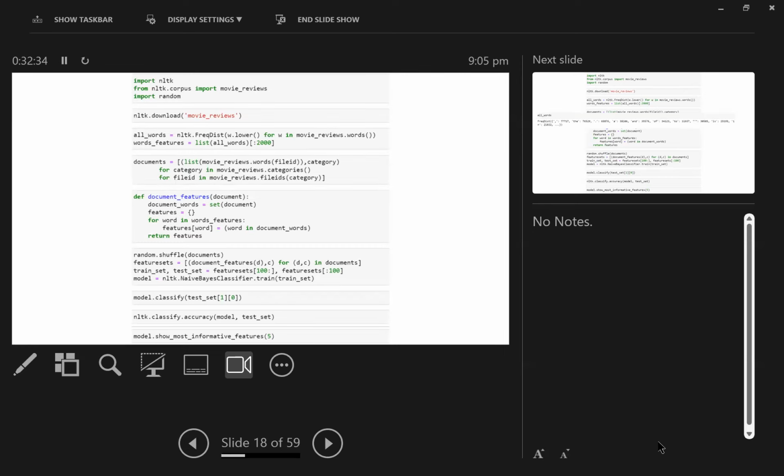Now let us see what we have. After downloading the movie reviews, we have a model within NLTK, and we can look at how many words it has by calling this function. This frequency distribution is a standard system function, and we just go through a for loop to trace through every word in the movie reviews.